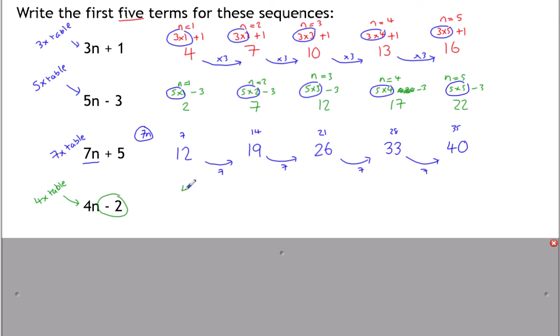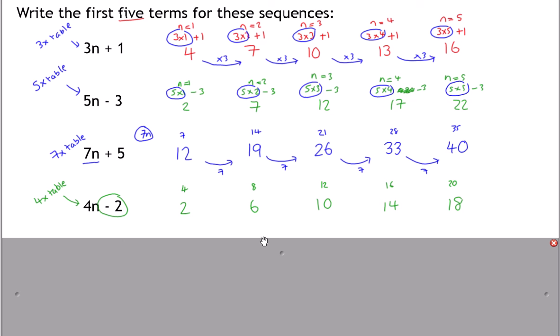So if we start with the 4 times table, 4, 8, 12, 16, 20, and I take away 2 from each of those, I'll get 2, 6, 10, 14, and 18. Okay, the 4 times table when you take away 2, 4n minus 2.